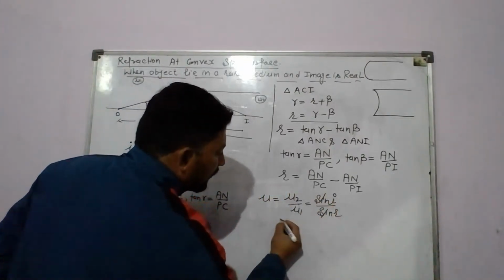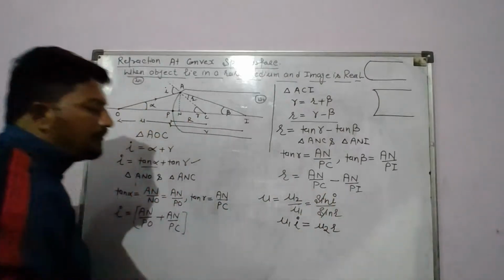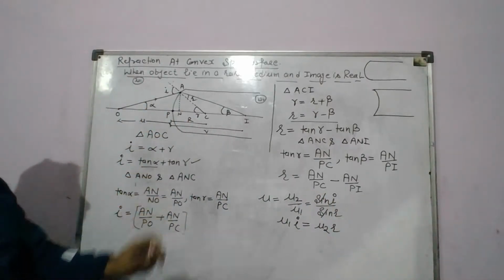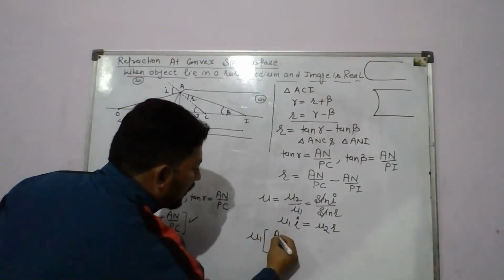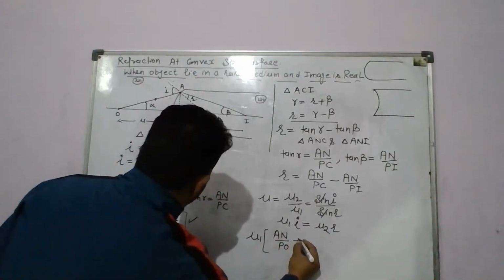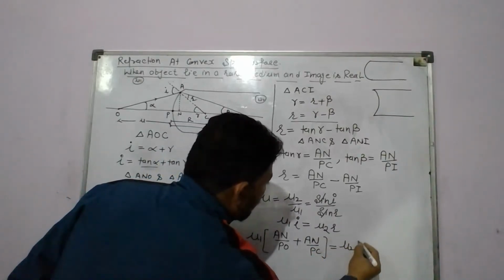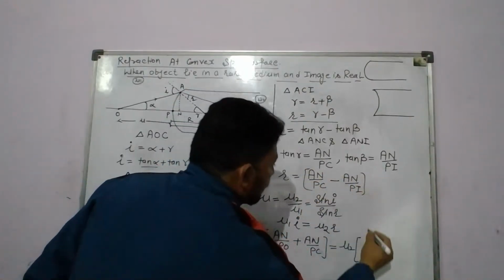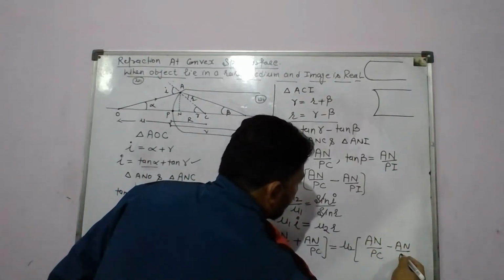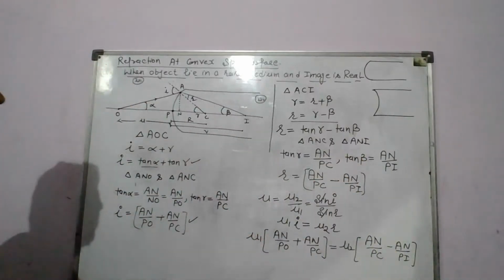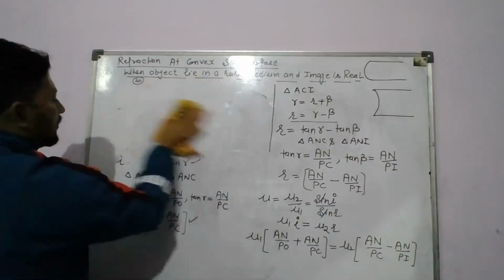So here mu1 I is equal to mu2 R. In this case, you put the values of I and R. So mu1 times AN upon PO plus AN upon PC is equal to mu2 times AN upon PC minus AN upon PI. So you solve the question briefly.